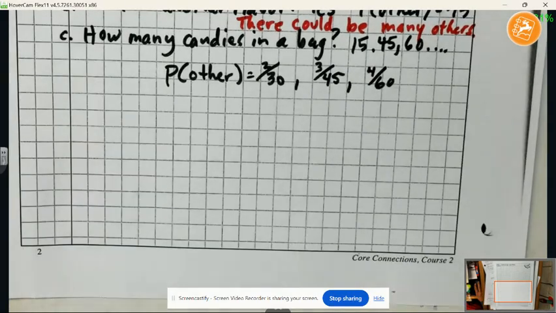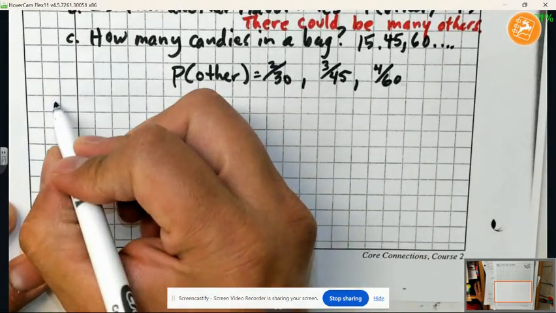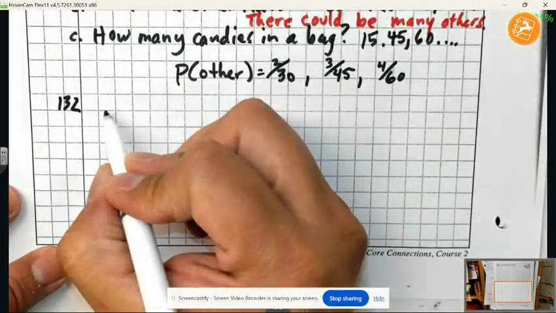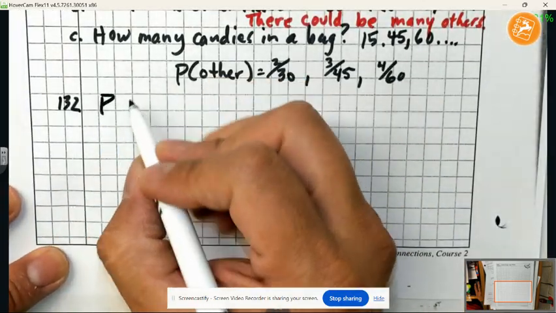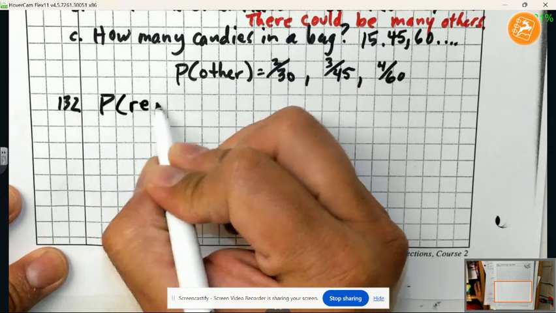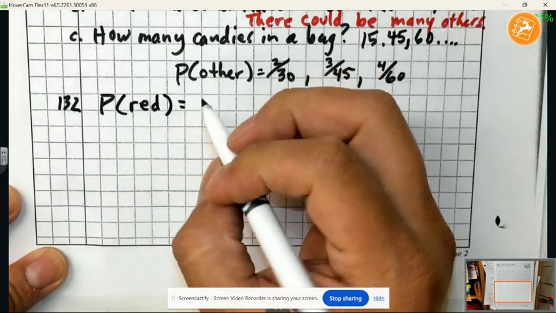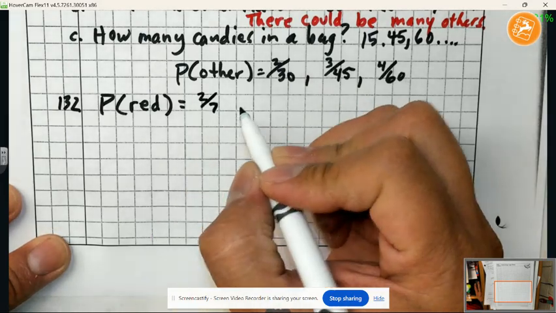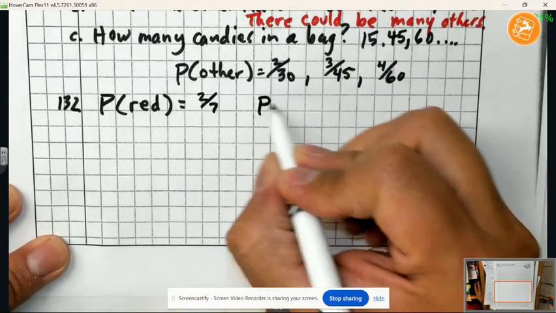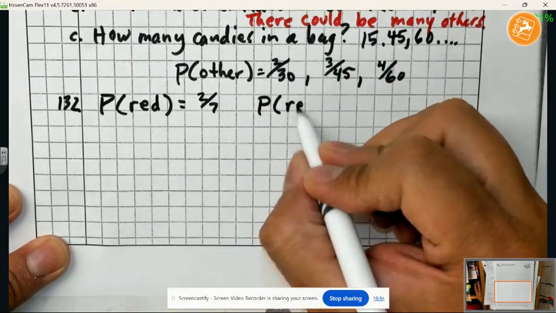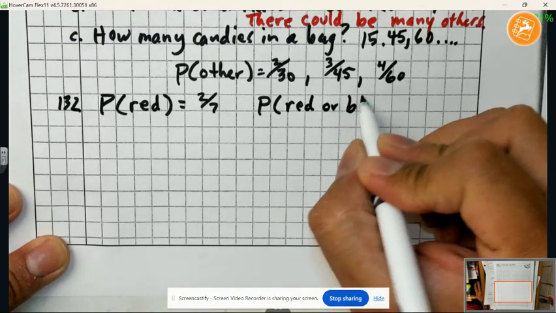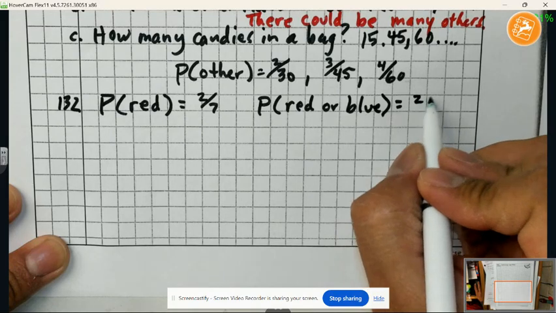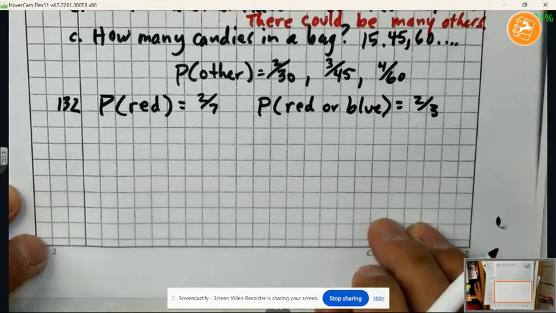So we have, this is problem number 132. The probability of getting a red marble is 2/7, and the probability of getting a red or a blue marble is 2/3.